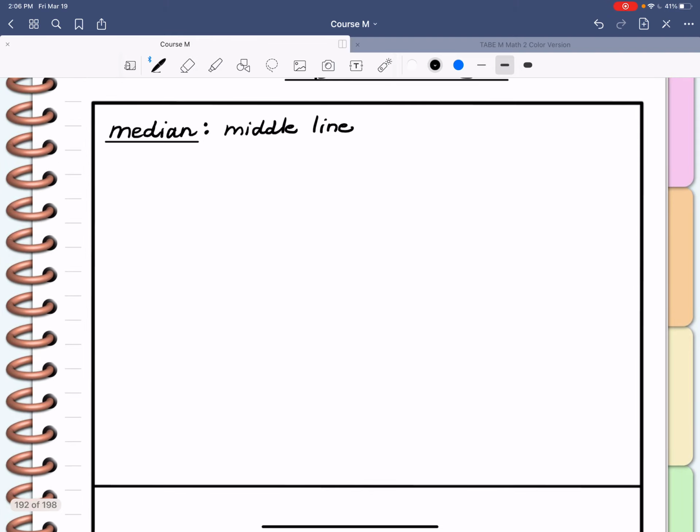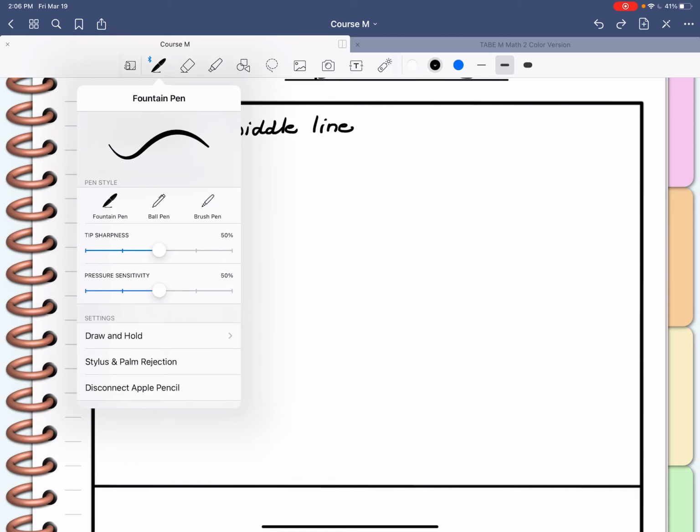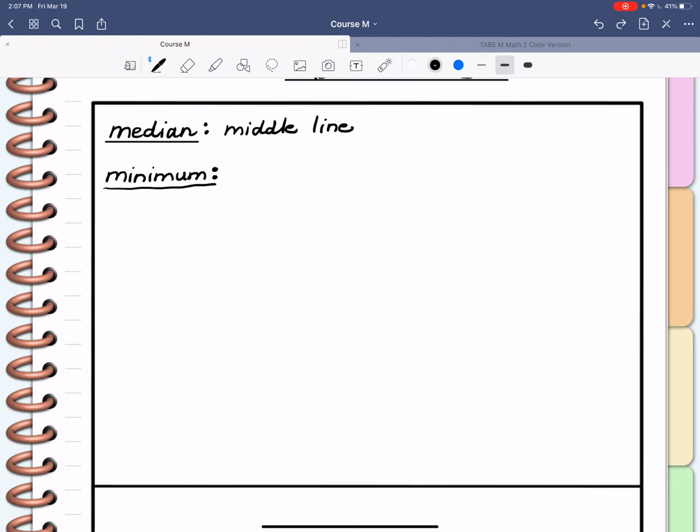Okay, the next thing that you need to know about is called the minimum. And minimum simply means the lowest, the least.